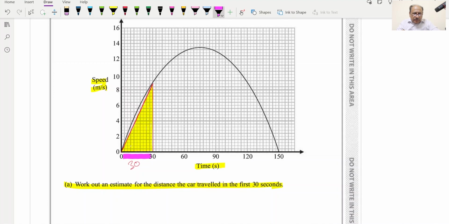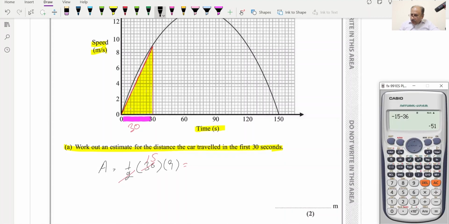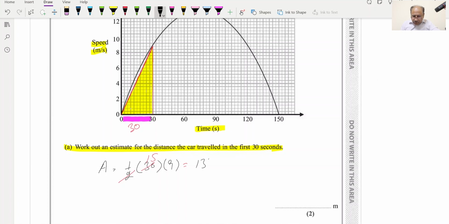So we can write area is equal to 1 by 2 into 30 into 9. So we can cancel, so it will be 15, and this will be equal to 9 into 15. 9 multiplied by 15 is equal to 135.